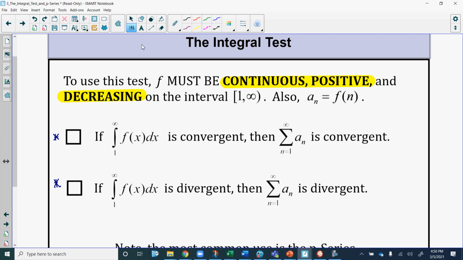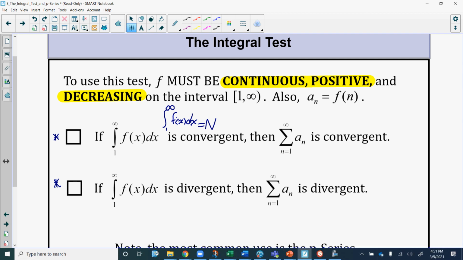Now, here, let's see, where it says in that first part of the conditional statement, if the improper integral of f of x dx is convergent, it says that it's approaching a specific number. So we can look at it as the improper integral of f of x dx.